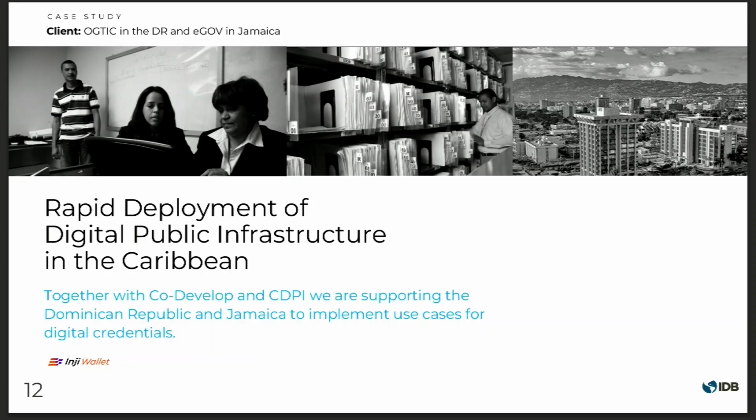And I wanted to talk about, and this has been talked about 3 times, I think, here today, so I will not spend a lot of time. One of the many ways that we're supporting the Dominican Republic and Jamaica is in partnership with Co-Develop and CDPI. We're implementing digital credentials, verifiable credentials using INGI, which is also being used by Trinidad and Tobago.